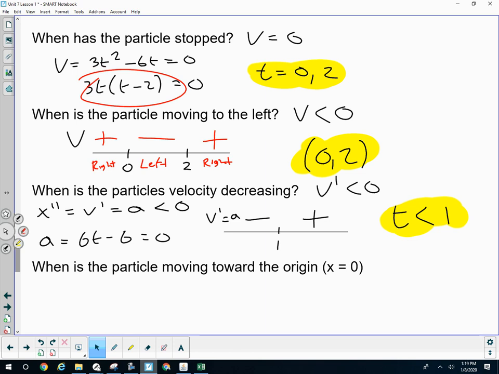We have a position function. It was given to us at the top. Please set that equal to 0 and do a sign analysis of your position function. Then, looking at that, as well as your velocity analysis, you should be able to say the intervals in which we are moving towards the origin.